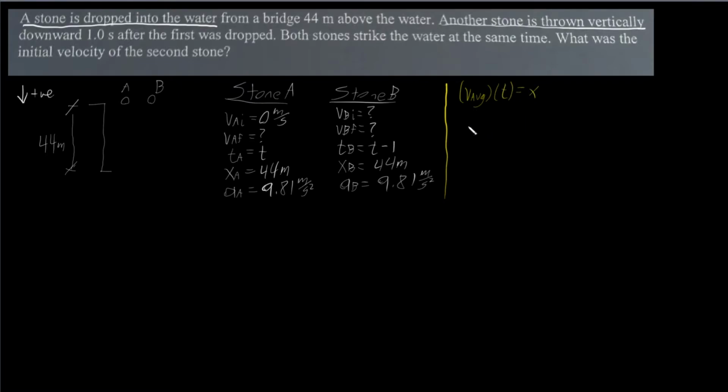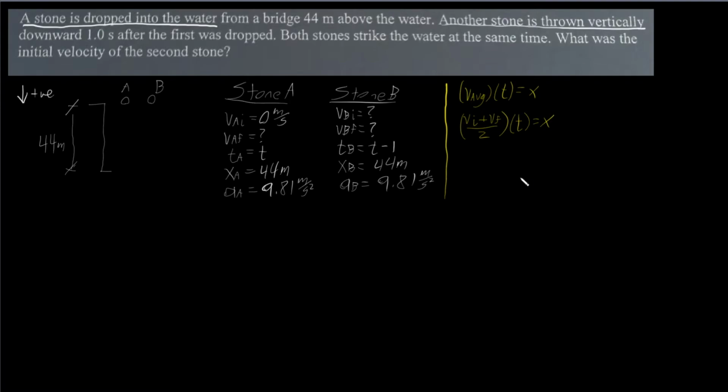And we can represent average velocity as initial velocity plus final velocity divided by 2. So this equation becomes initial velocity plus final velocity over 2 times time is equal to distance. Okay, so here's the first equation that we're going to be using to solve this question.